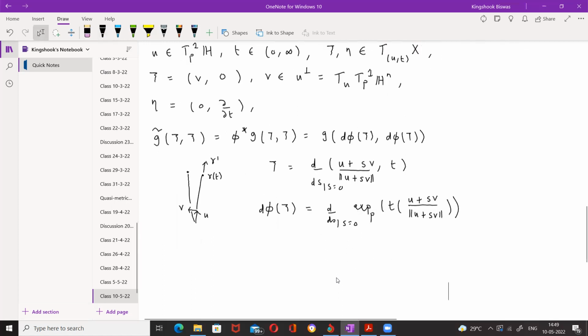This is going to be the derivative of the exponential at p, d of exp p at the point tu of tv.